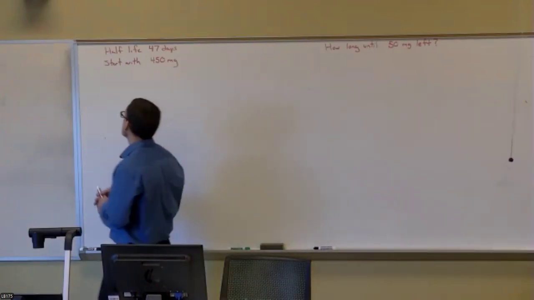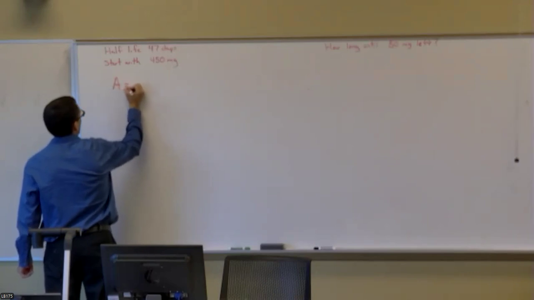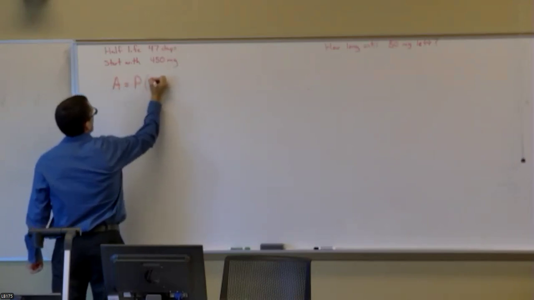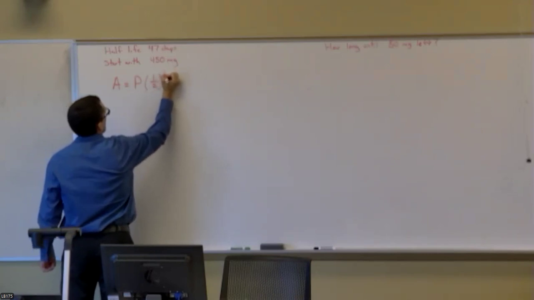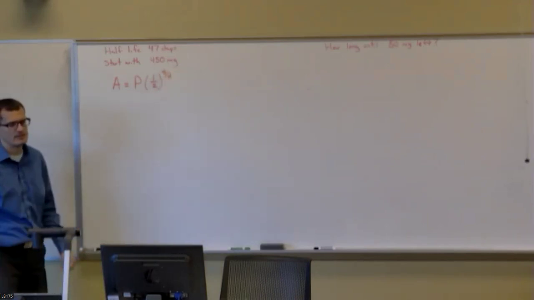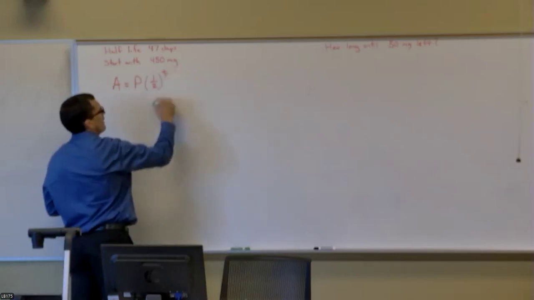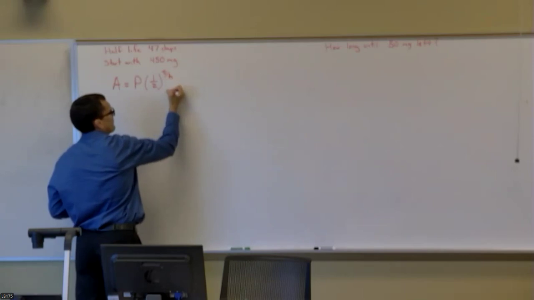So if we're cutting this in half, then we want to use the equation A equals P times 1/2 to the time over, again, I put D in there. Sometimes people would put H for half, halving time instead of doubling time.